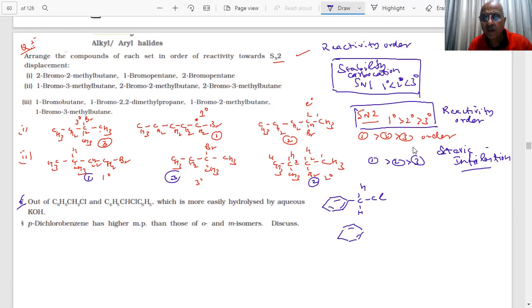Sir, because in both the cases when the carbocations will be formed, in the second case a secondary carbocation will be formed, which will be stabilized by the two phenyl groups by resonance. What is the carbocation? It will be secondary in the second case and primary in the first.